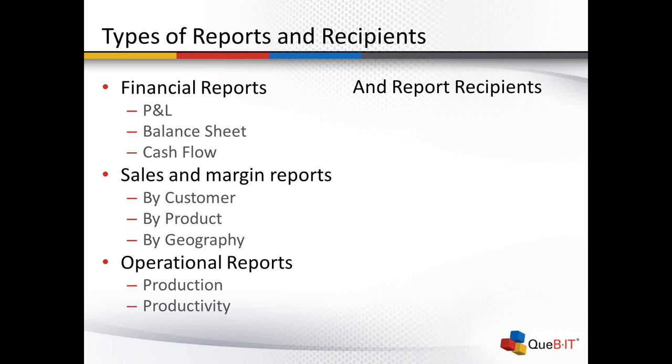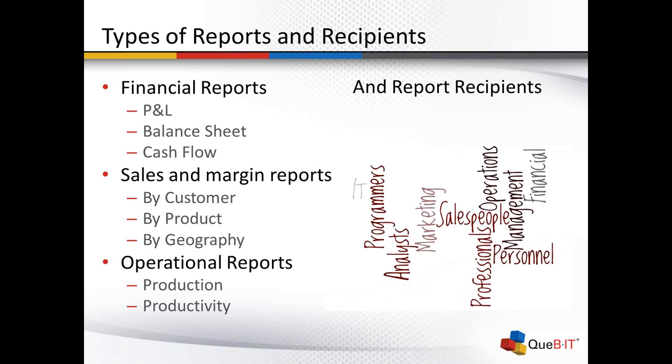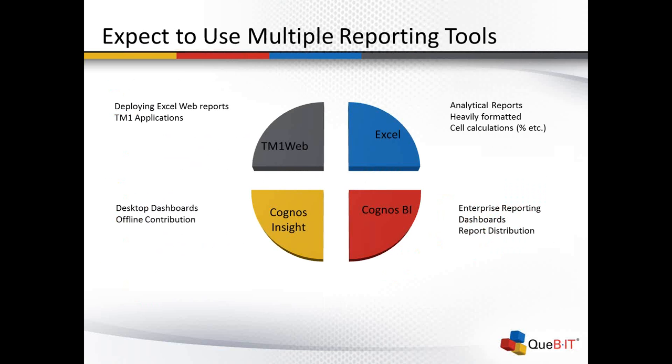And the other thing is we have different types of report recipients. So we've got financial analysts, we've got marketing people, we've got sales people, we've got IT professionals, we've got HR personnel, all sorts of different people receiving our reports. So it's unrealistic, in our opinion, to expect to use a single reporting tool for all of these recipients.